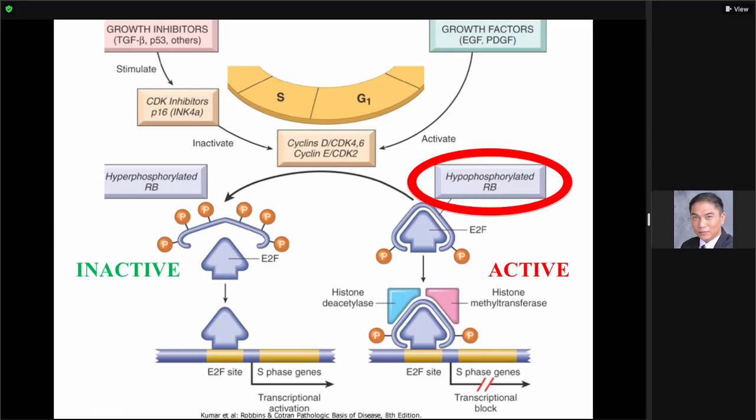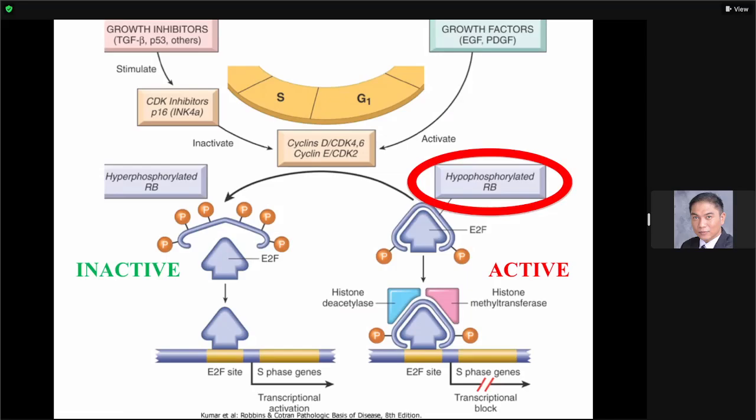Now, these cyclins and cyclin-dependent kinases are inhibited by CDK inhibitors, P16 INK4A. Now, this inactivates this. So if there is loss of function mutation of P16, if it's absent, then there will be increased activity of CDK cyclin, increased phosphorylation, inactive RB, hyperphosphorylated kasi siya.